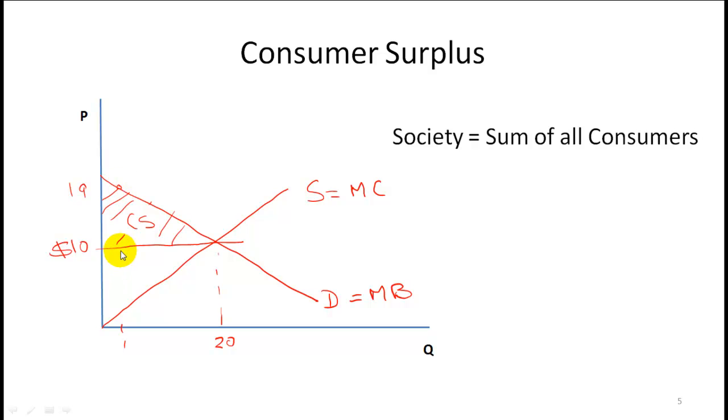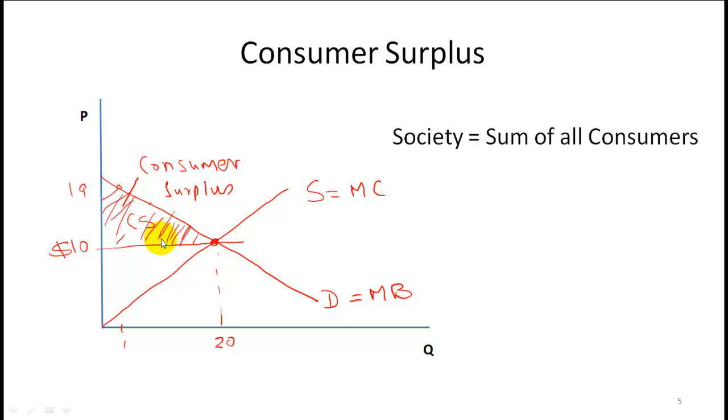They only paid 10. For the second unit, consumers might have been willing to pay 18, but how much did they pay? They only paid 10, and so on until we get to this point. So this whole shaded region is the consumer surplus. So that's the consumer surplus.